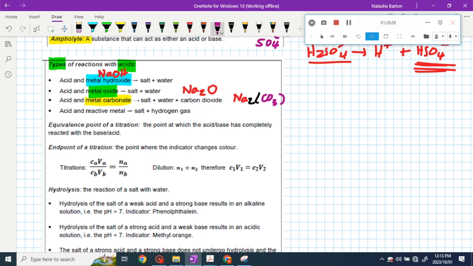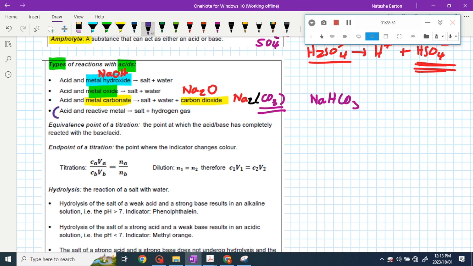I hope so. Okay. In this case over here, I'm not very good with this. In this case over there, then we are talking about a carbonate. You might have a bicarbonate, for example. So NaHCO3, for example, which you guys are more familiar with. In that case, we have a salt, water, and carbon dioxide, which you guys tend to leave out.